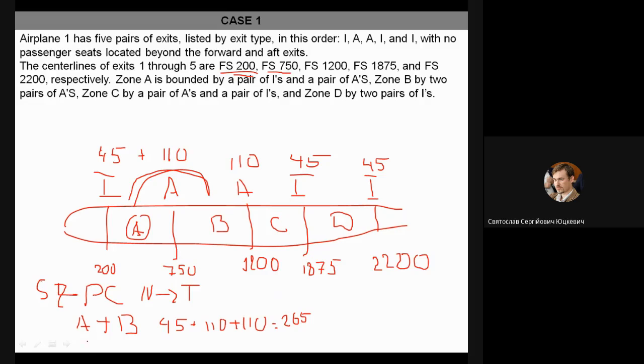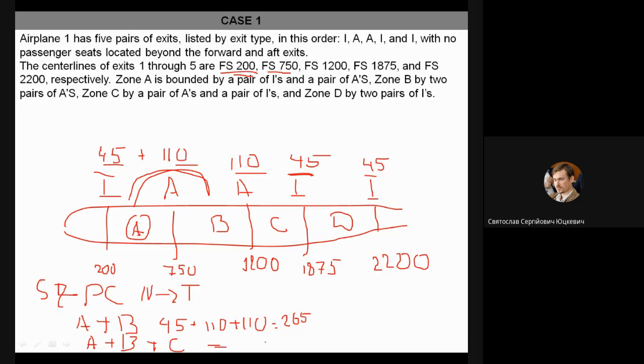Then next one, it will be A plus B plus C. 45 plus 110 plus 110 plus 45.